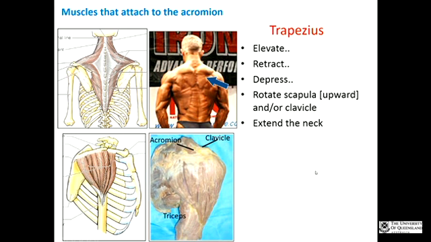Remember, muscles, if you can't remember what they do, by thinking about where they attach, you can often work out what they do. So trapezius can elevate using the upper portion of the muscle. It can retract the shoulder joint by activating more medial portions or middle portions of trapezius. And it can depress by pulling down that medial aspect of the spine of the scapula.